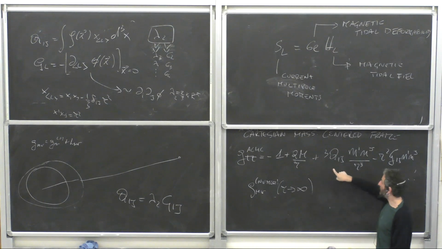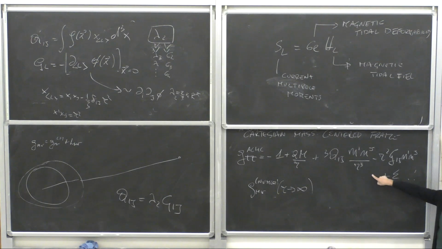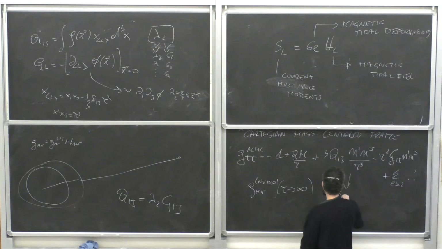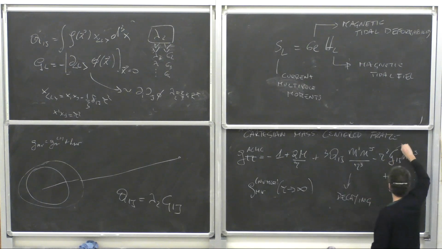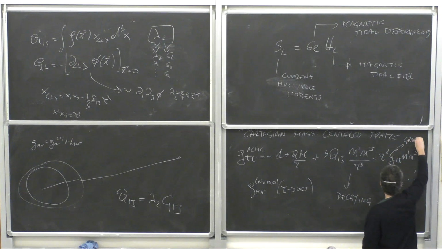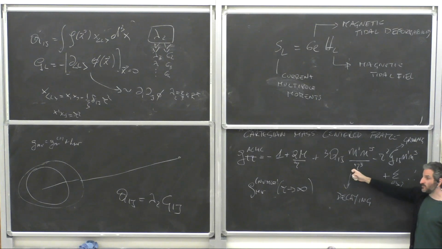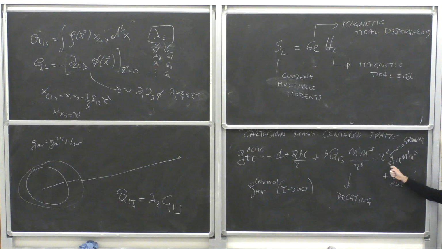Then, from this piece, you recognize that there is a decaying solution, this is super important, and a growing solution. The decaying solution is associated to the quadrupole tensor. The growing solution is associated to the tidal tensor.